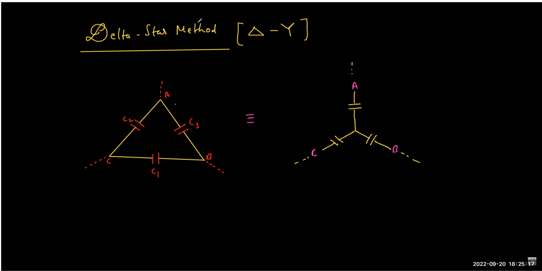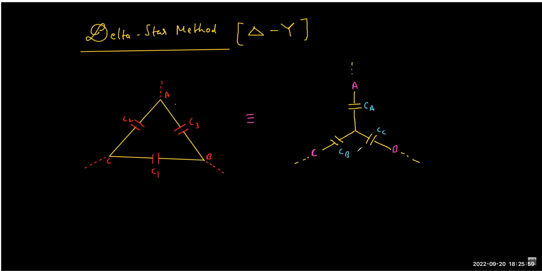Okay. So let's call these CA, CB and CC. Imagine C1, C2, C3 is given to you and you wish to transform into a Y form. While going from delta to Y, we have to choose a new set of values of CA, CB, and CC. These values are chosen in such a way that the equivalent capacitance between any 2 terminals or any two junctions remains unaltered.